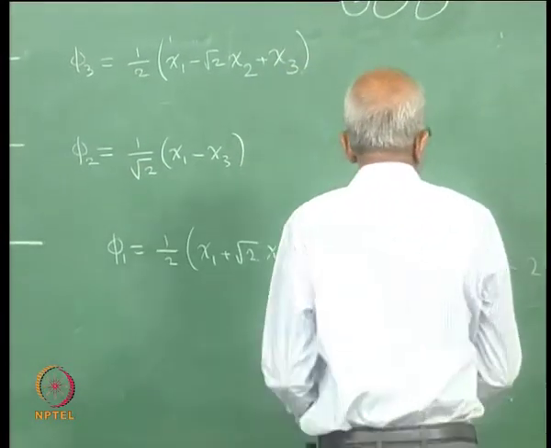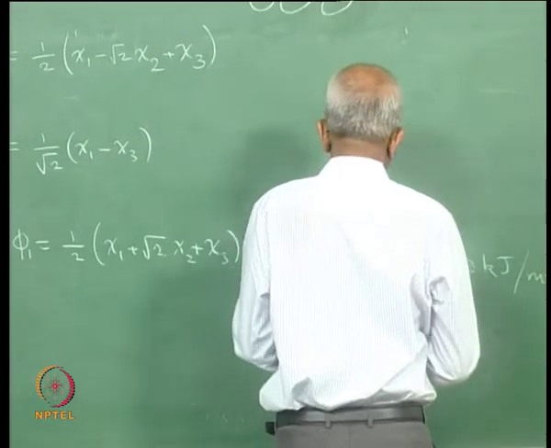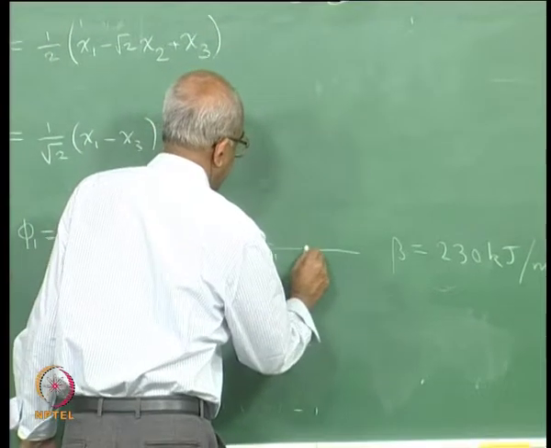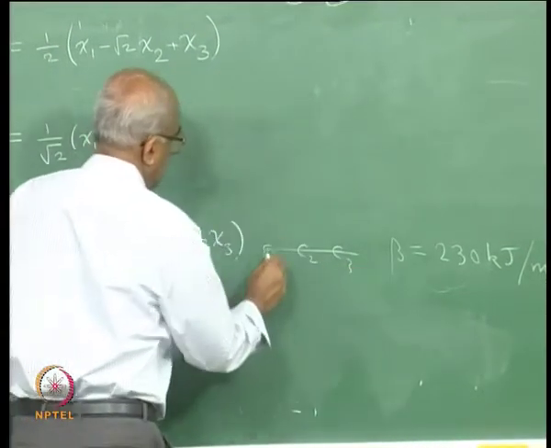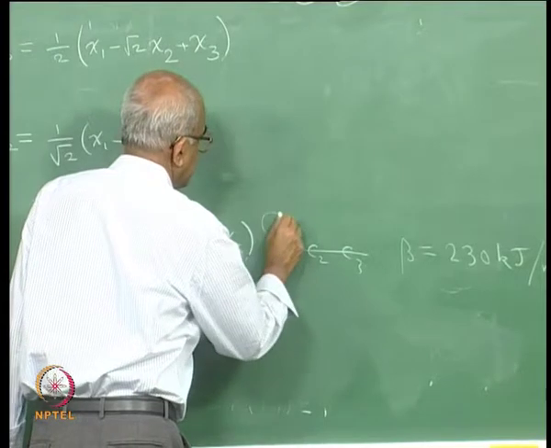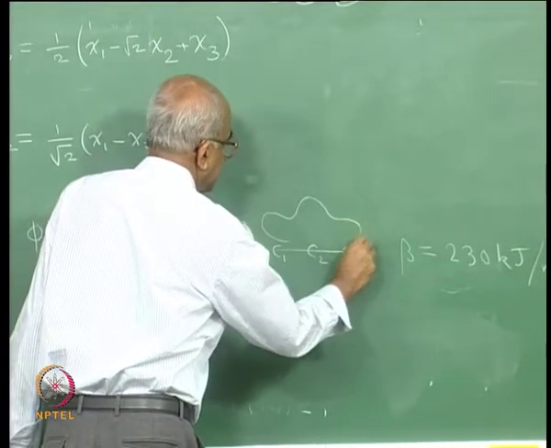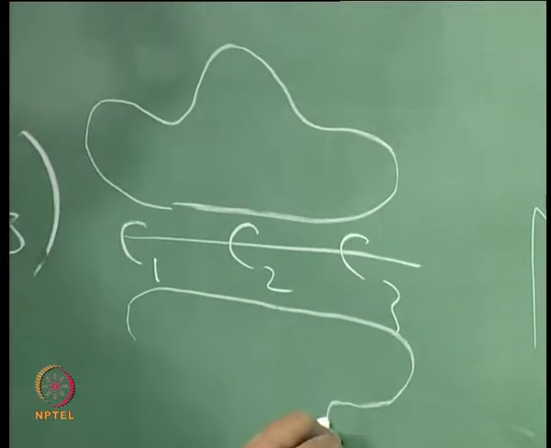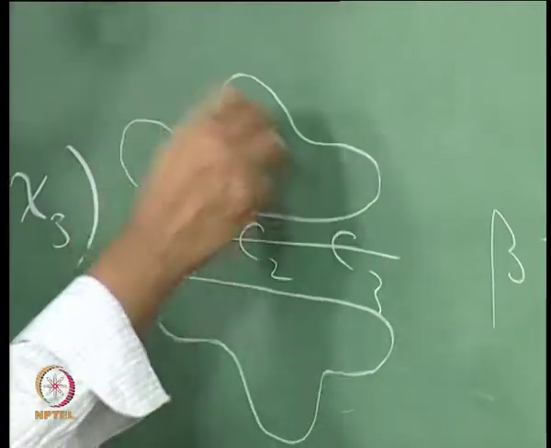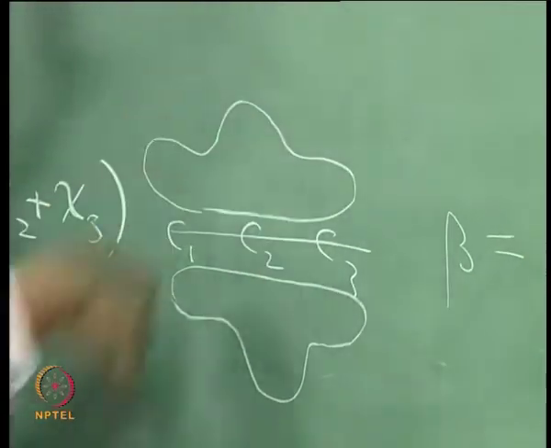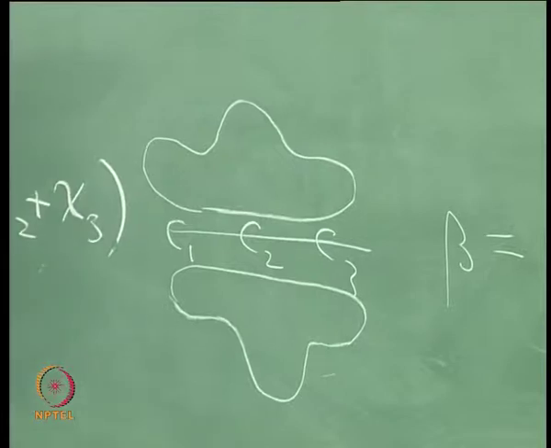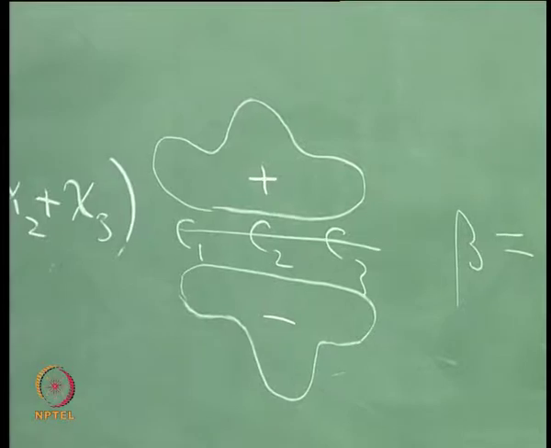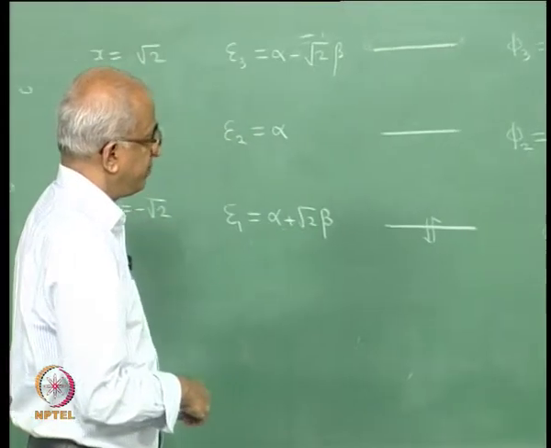So, if I wanted to represent it in a figure, these are the 3 carbon atoms C1, C2, C3. The way to represent this orbital will be something like this. Notice that I have put more size for the second carbon atom, right. This is essentially because the coefficient is root 2 there from that carbon atom.